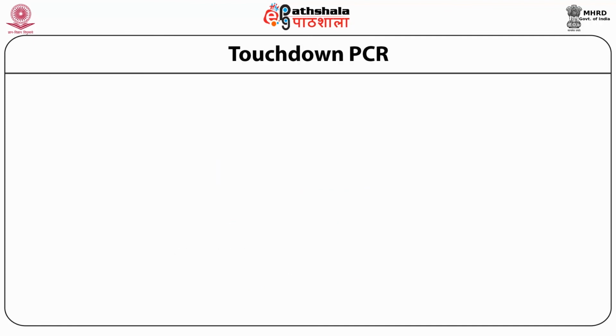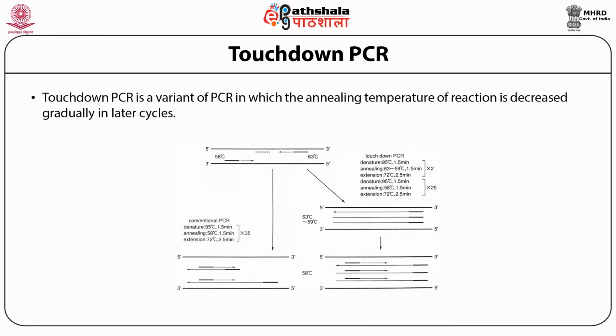This is another variant of PCR referred to as touchdown PCR. Touchdown PCR is a variant of PCR in which the annealing temperature of the reaction is decreased gradually in later cycles.